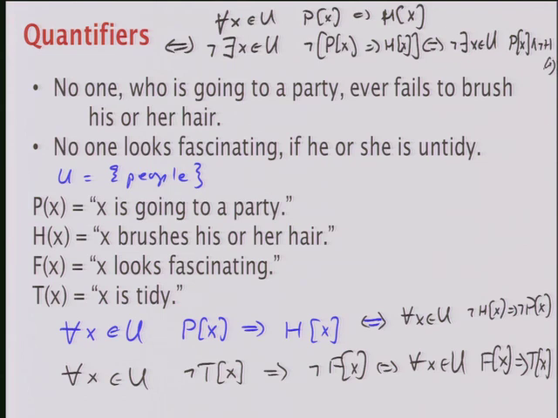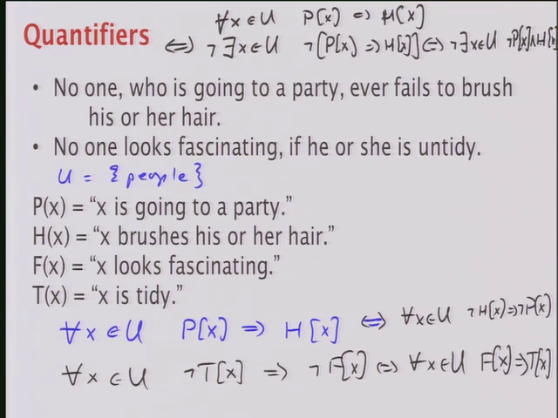It's got to be the case that, let me write this a little more clearly, it's got to be the case that not p of x and h of x. All right. Okay, so yes.